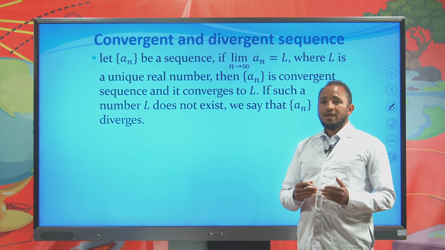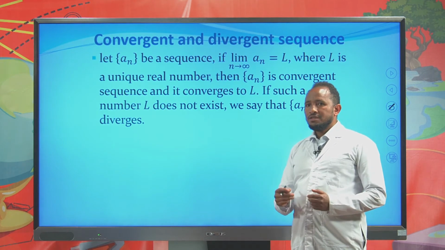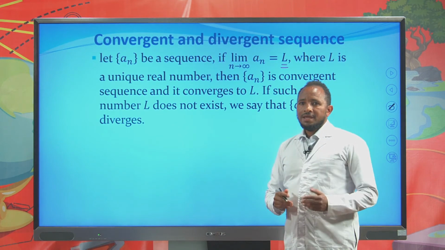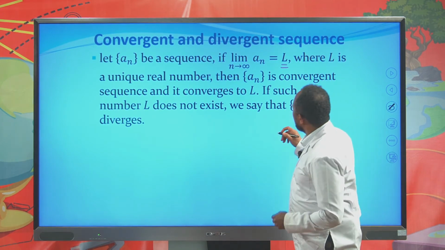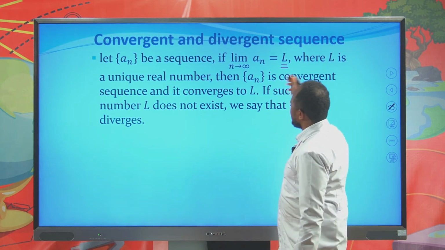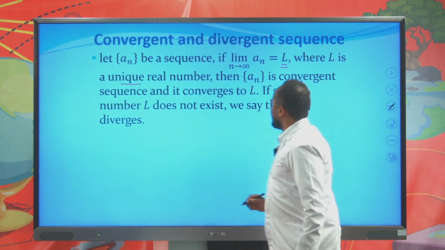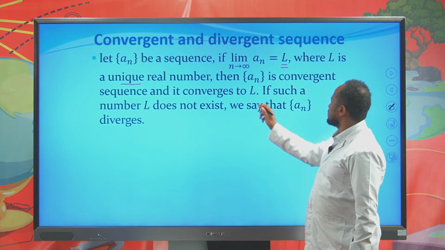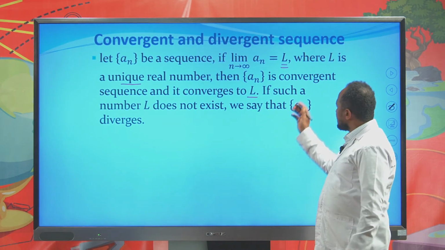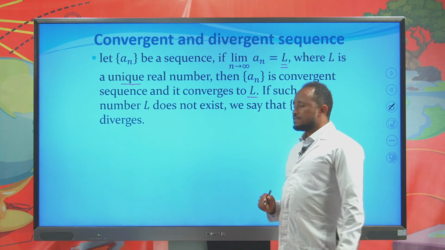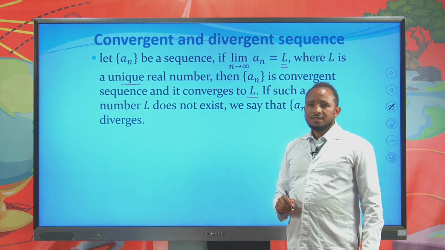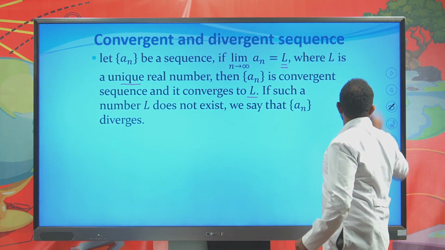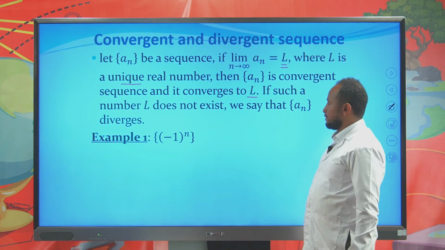If the limit of an when n goes to infinity is a specific number L, where this L is a unique real number, it must be unique, then an is a convergent sequence and it converges to L. If such a number L does not exist, we say that the sequence an diverges. We say the sequence diverges if L doesn't exist. So let's see an example for this.